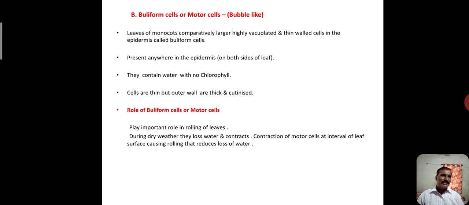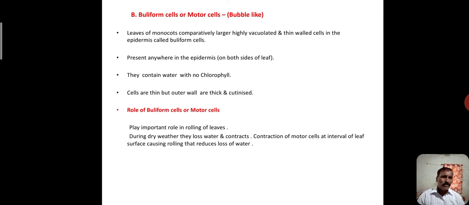Now, second, that is the bulliform cells or the motor cells. These are called bulliform, that is, balloon-like or bubble-like cells. Sometimes they are also called motor cells. Mostly these bulliform cells are present in the monocots.